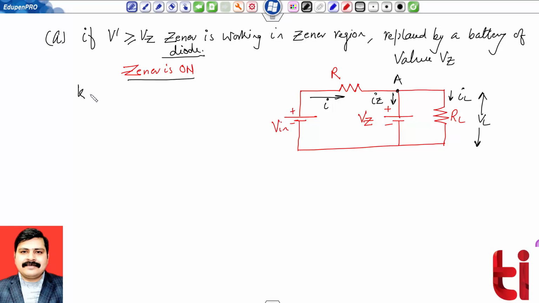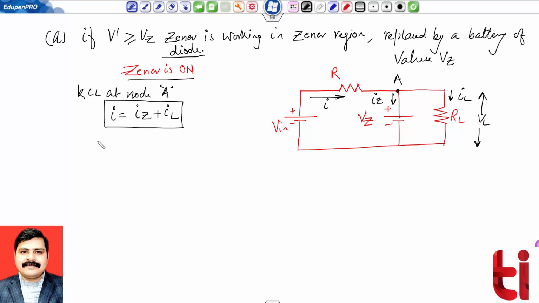Apply KCL at node A. Incoming current will be equal to the sum of outgoing currents. That means current I equals current IZ plus current IL. So the current flowing through the series resistance R is IZ plus IL.